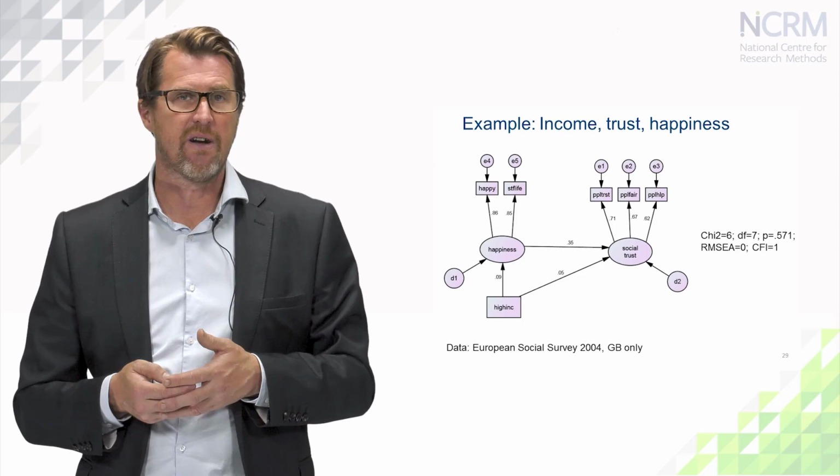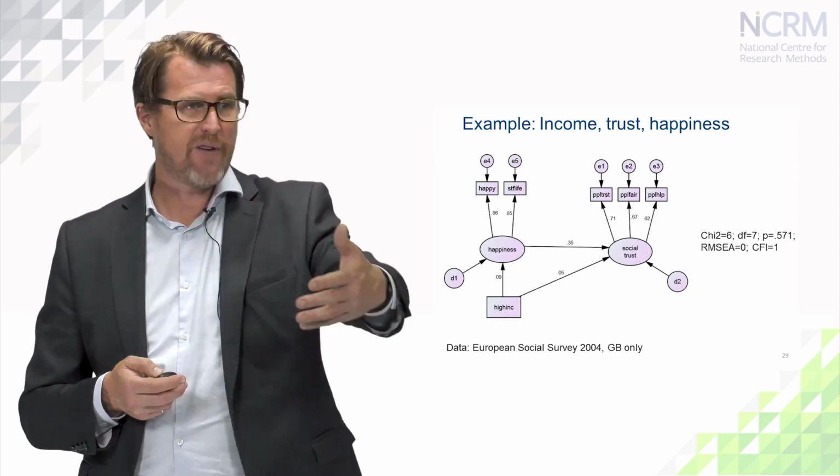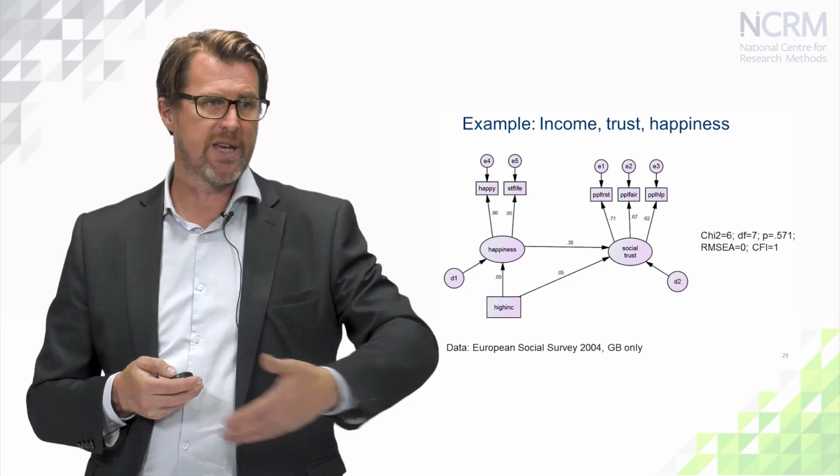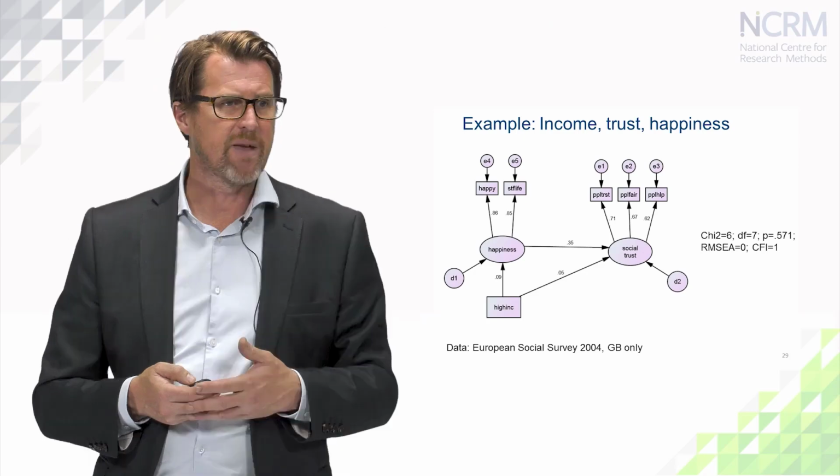So you can see that there is an effect of being high income on social trust, and there seems to be an indirect path there. So we could just take the product of the 0.09 and the 0.35 parameters to get the indirect effect.